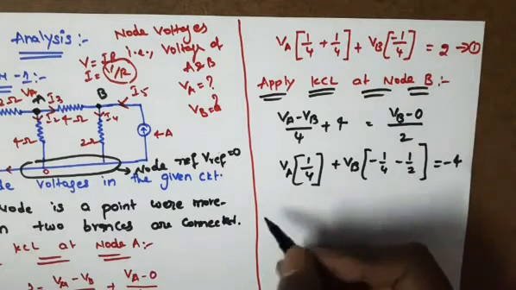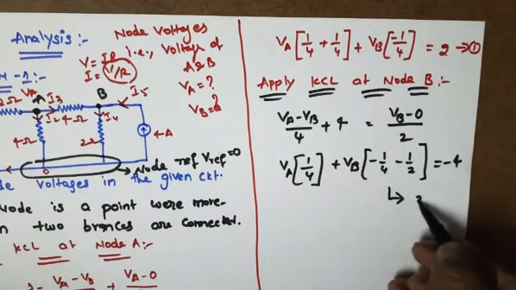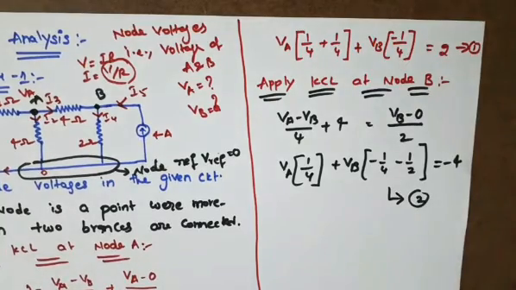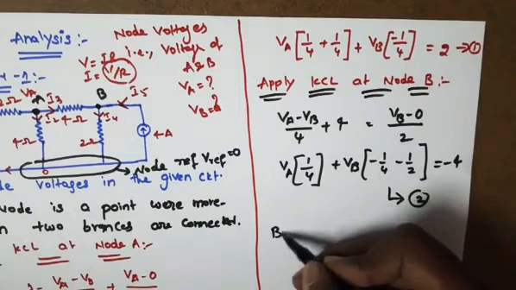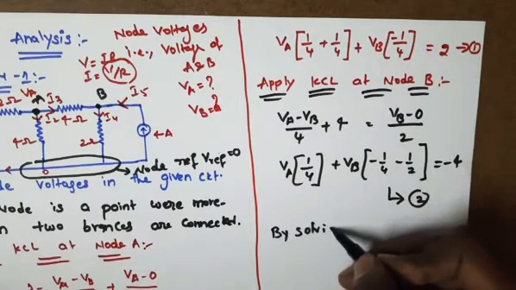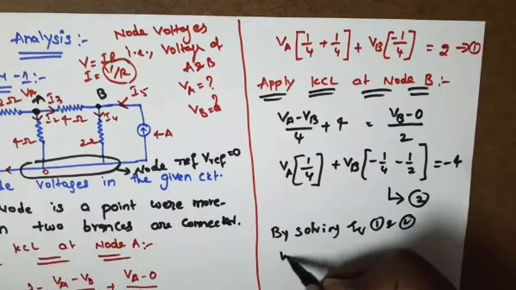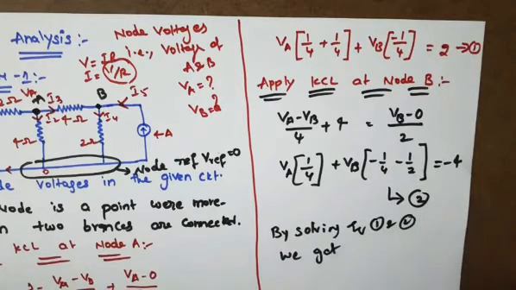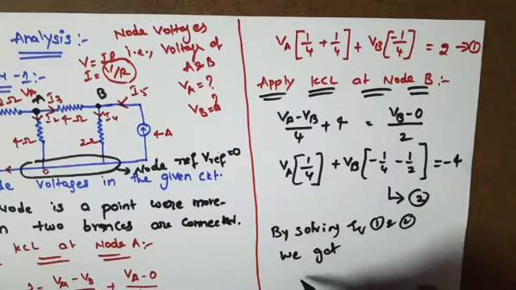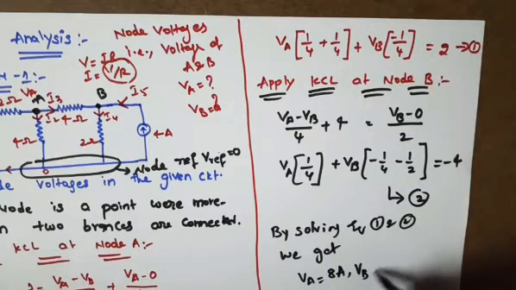The equation becomes this one. Take it as equation 2. By solving equations 1 and 2, we get VA is equal to 8 volts, VB is equal to 8 volts.